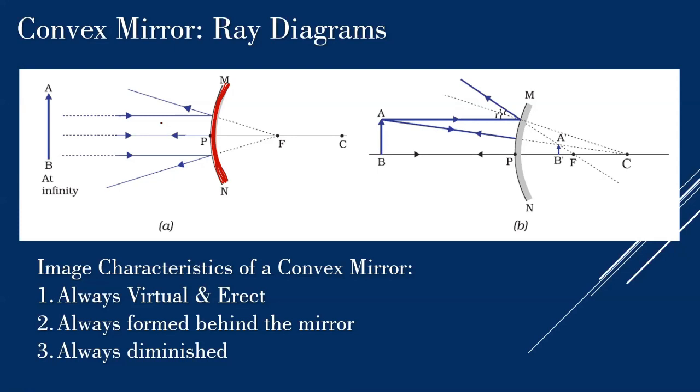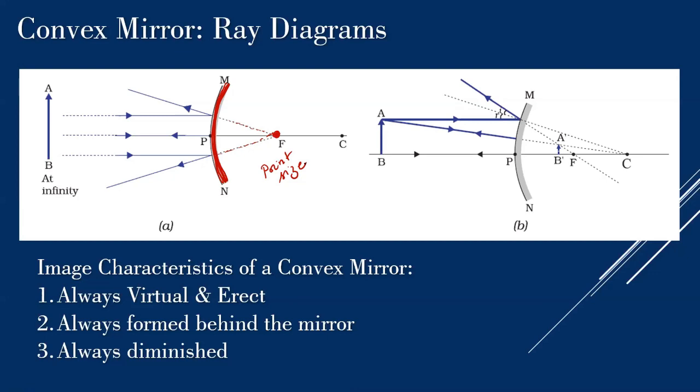So we will take these rays behind the mirror in a dotted manner, and then they are considered to meet at a point that we call the focus of the convex mirror. So here, this is where the image is formed. How is the image? The image is highly diminished. You can say it is point sized. What is the nature of the image? The nature of the image will be virtual and erect.